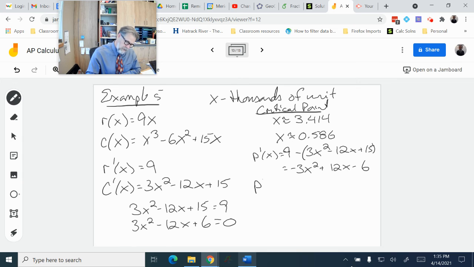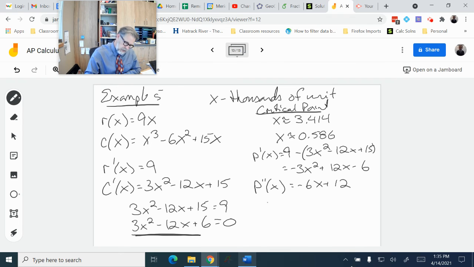By the way, this is important because when we look down here, we had a positive quadratic, and it might have been easier to just take the derivative of the positive. But that positive quadratic is backwards when we're talking about the marginal profit. So we need to make sure that we rewrite the marginal profit, because that changes the derivative to negative 6x plus 12.